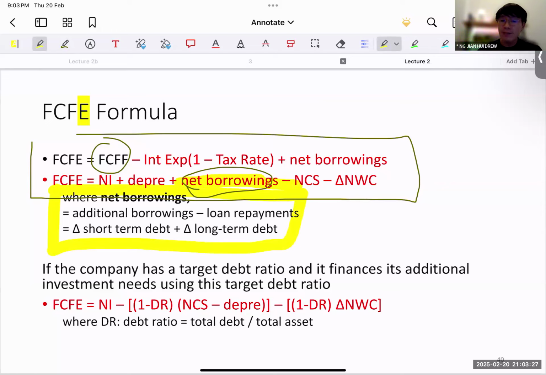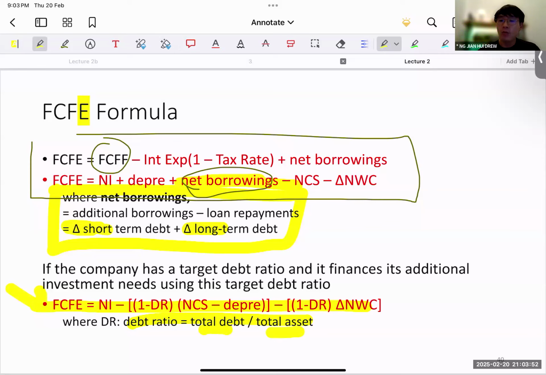If the question did not give you any increase or decrease, any change in borrowings, then we should consider using the debt ratio instead. So whenever a question gives you total debt, total asset, but does not give you change in debt, then we should use this debt ratio.